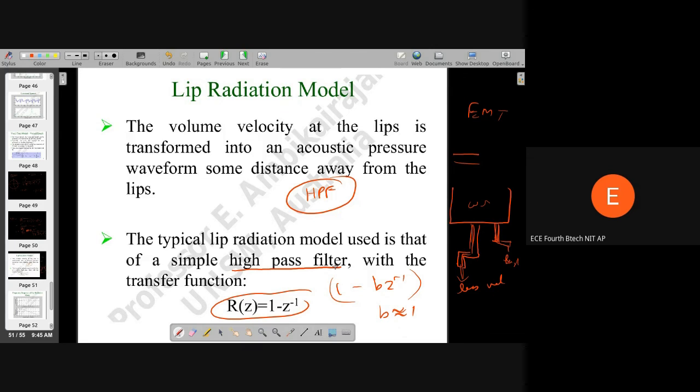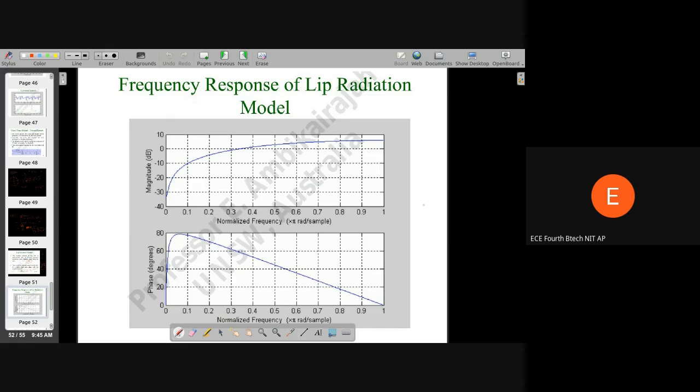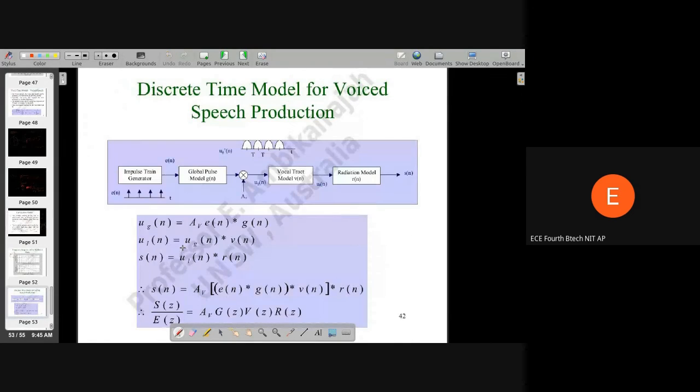So now let's put all of this together. Lip radiation, if you take the frequency spectrum, R(e^{jω}), will look like that. This is the phase, don't bother about that. So what we have finally: we have an impulse train, the glottal pulse model. We put a gain based on the loudness, so we get this signal here.